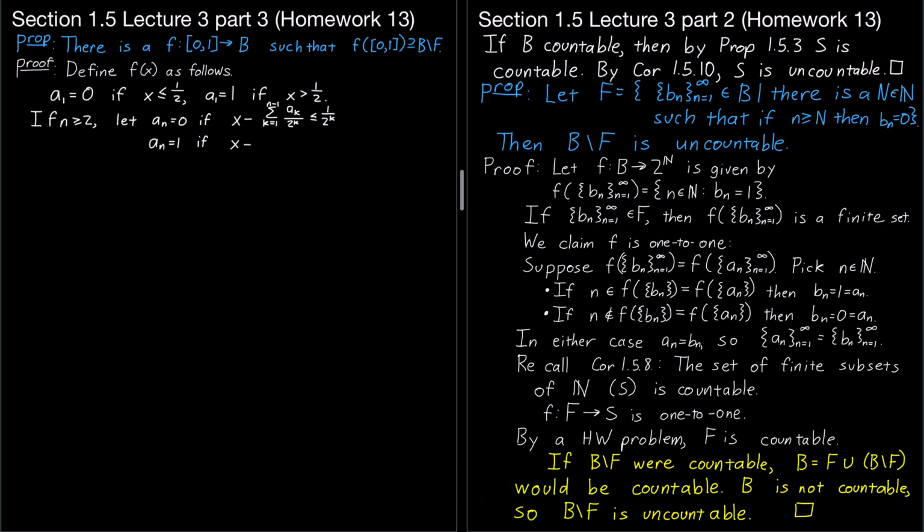We're defining this recursively. That is, an equals 1 if x minus the sum is greater than 1 over 2 to the n.